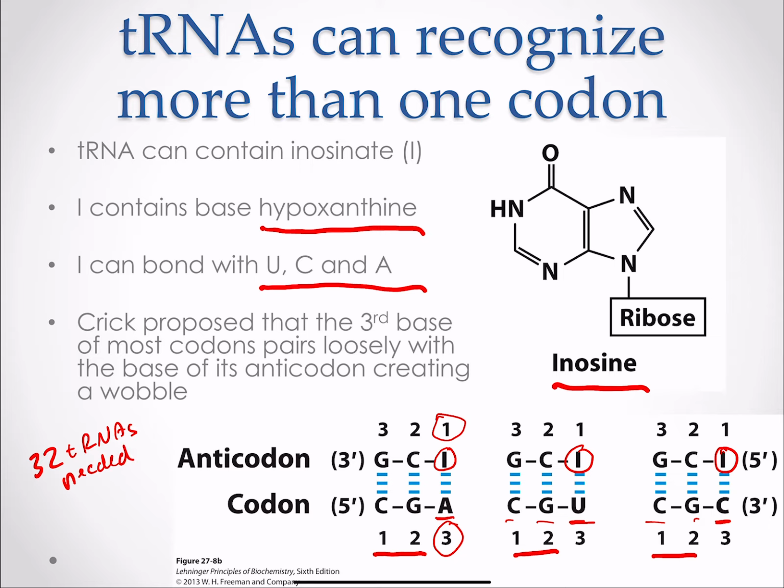And then 31 are needed to encode for amino acids, and 1 for initiation, that methionine. So as we'll learn, that initial methionine that starts the initiation is different than the methionine that is actually in the protein, within the structure of the protein.